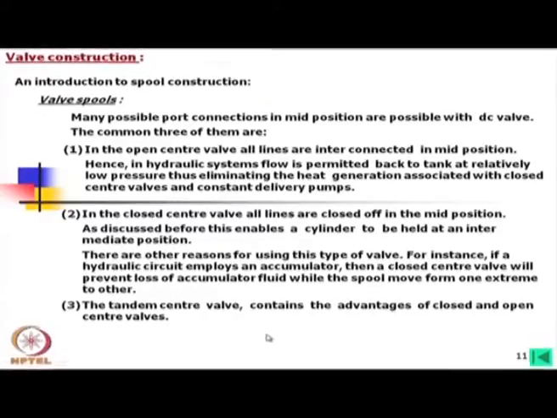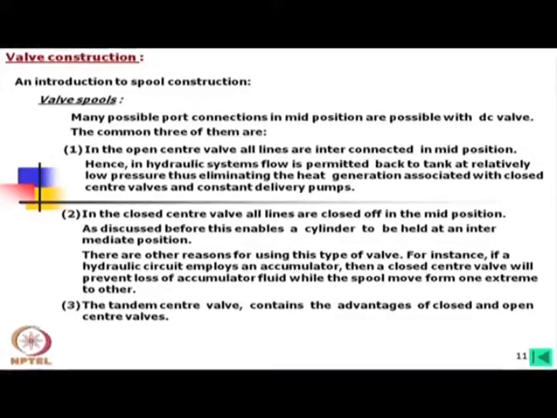The tandem center valve contains the advantages of closed and open center valves. The actuator side center will remain closed, but the pump to tank will remain open in the case of a tandem valve.